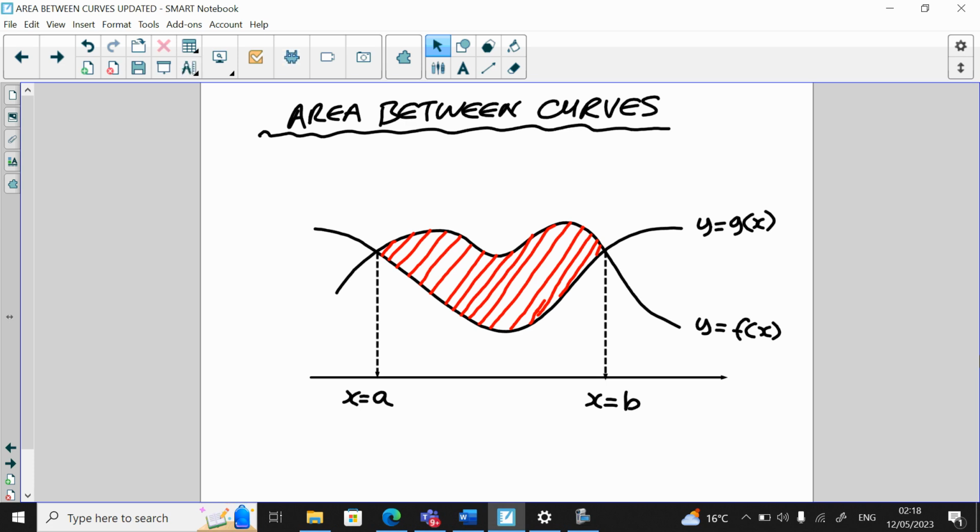I'm referring to these as x values. So there's four things here. There's the two curves, f of x and g of x, and there's the two x values, which I'm just referring to as a and b, just generalising here.